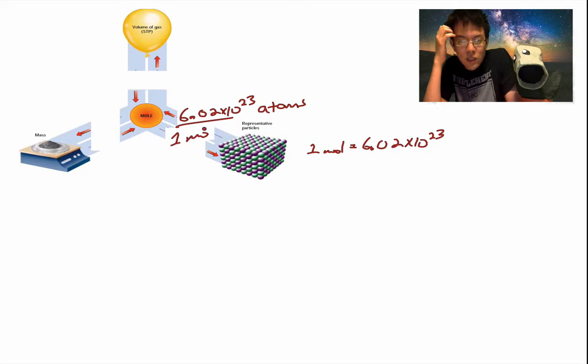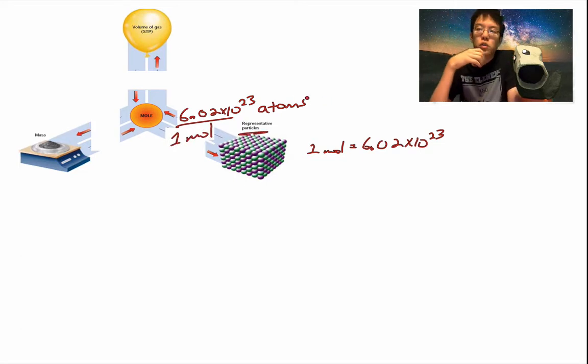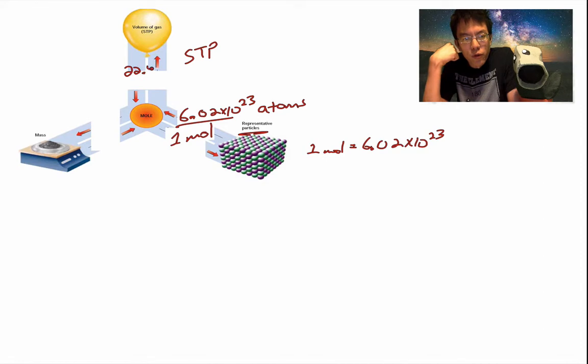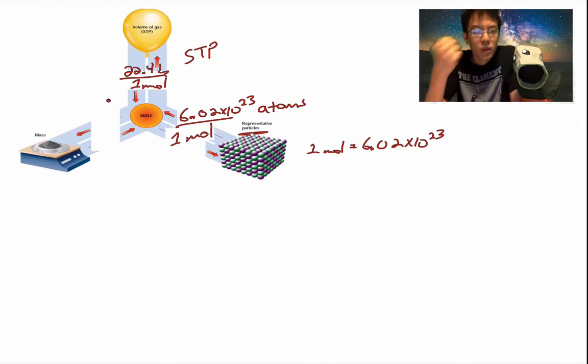So that's how I get to the representative particles. It could also be molecules. If I have H2O, I could have 6.02 times 10 to the 23rd H2O molecules per 1 mole. And at STP, standard temperature and pressure, a mole of a gas generally takes up 22.4 liters. So there are 22.4 liters in a mole of a specific compound or atom.